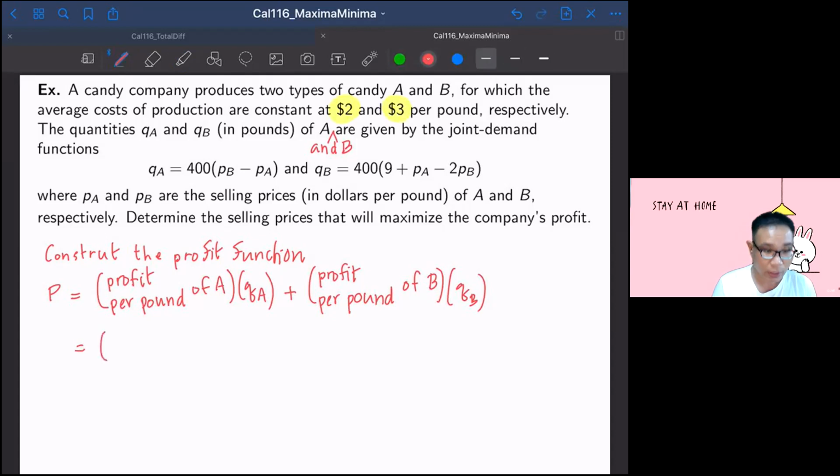So the profit per pound of A is going to be the price of A subtract the cost 2. That's going to give you the profit per pound, and this is multiplied with QA, plus the price of B minus 3 multiplied with QB. So this will give you the profit function.